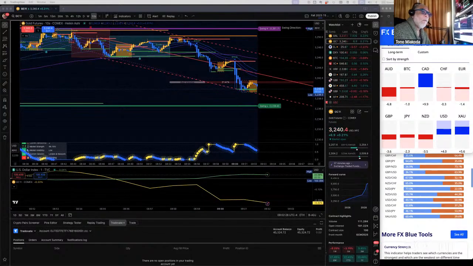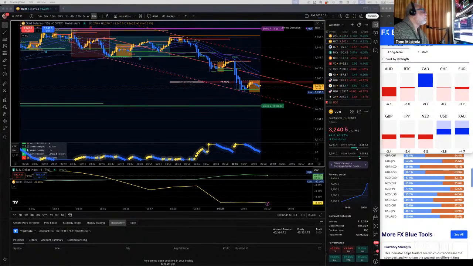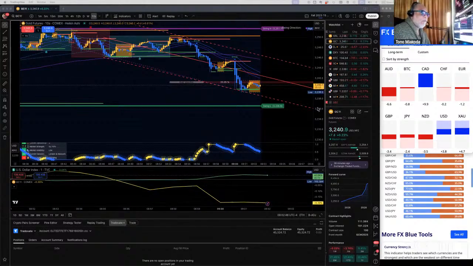It's coming down. You would have been out of this already 10 times. Yeah, I know. What did it hit? Hit 150 negative? Yeah, it's at 160 negative now.